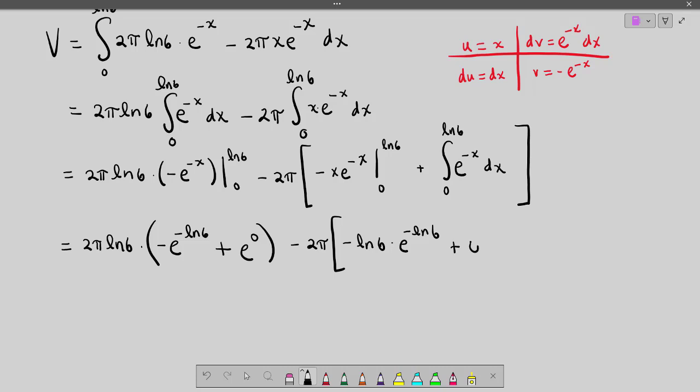So this part right here is 5 over 6. That gets multiplied by this. So it's going to be a 3 in the denominator because the 2 and the 6 will cancel. And it's going to be negative. So it's going to be negative 5 pi divided by 3. All right, so now we got rid of all the extra stuff.